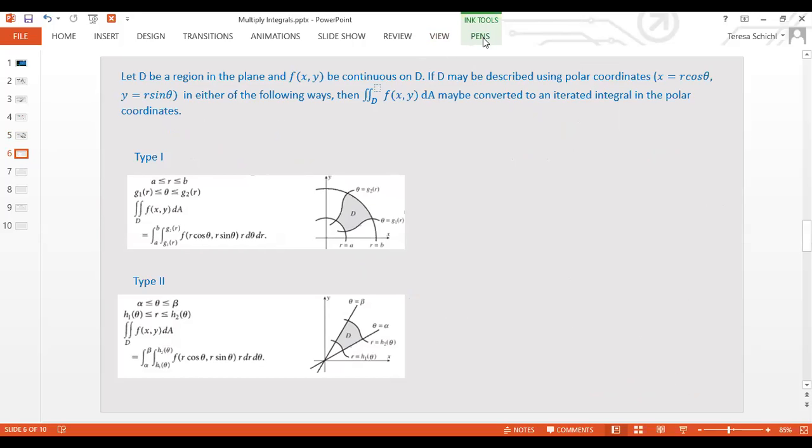We said let x be a region in the plane, and f of x is continuous in this region. And this region I can now use polar coordinates to represent. So how do I convert this integration by using polar coordinates?